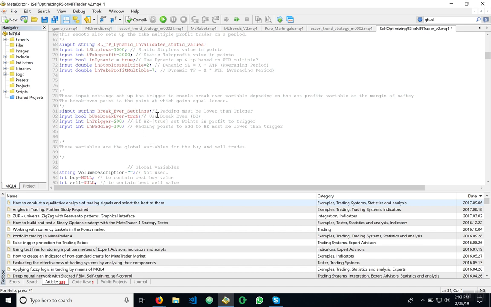These inputs set up the trigger to enable the break-even function. So what this does is that it sets the padding on trigger. What that means is that based on the particular trading period, it sets up a limit as to what level of trade is acceptable per order before enabling or triggering the break-even settings.